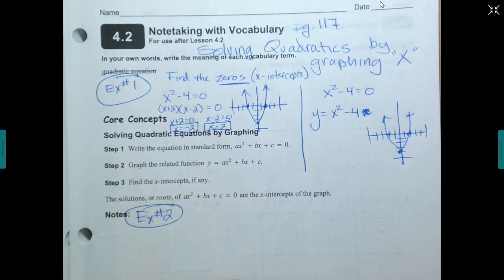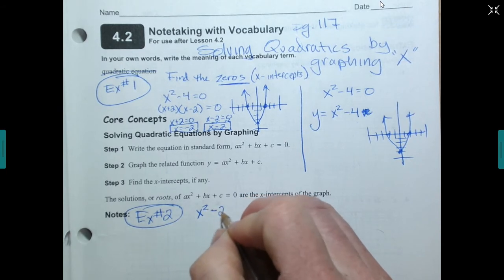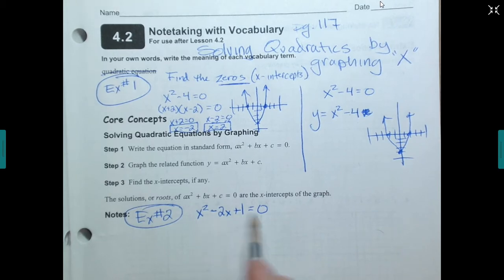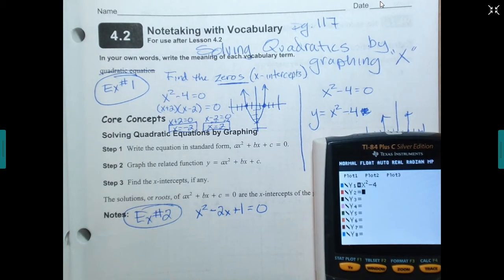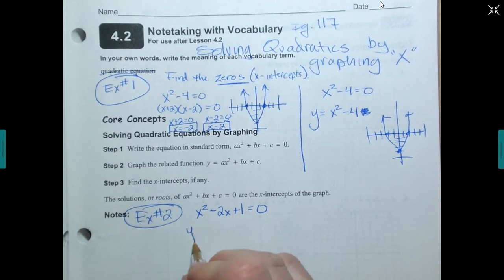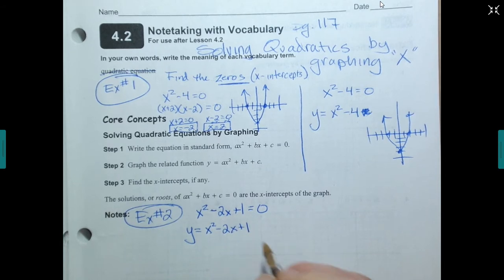Let's say I have x squared minus 2x plus 1 equals 0. If I wanted to write this in a y equals format, it's simply y equals x squared minus 2x plus 1.